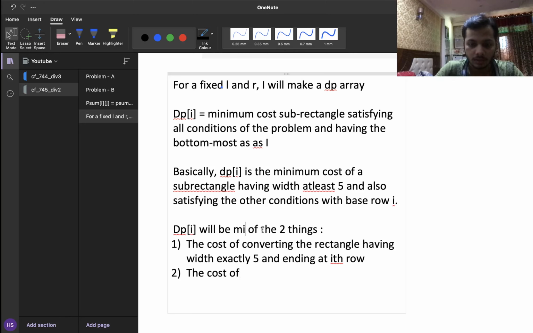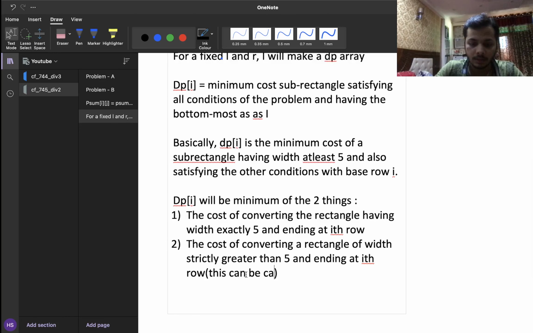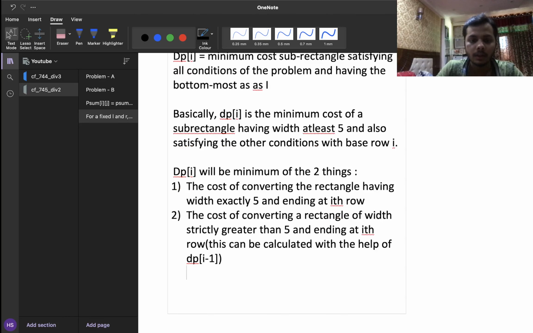So the cost of converting a rectangle of width strictly greater than 5 and ending at ith row. Now this can be calculated with the help of dp of I minus 1. Now, how to calculate case 2 using dp of I minus 1, right?